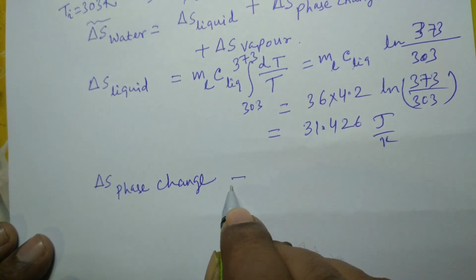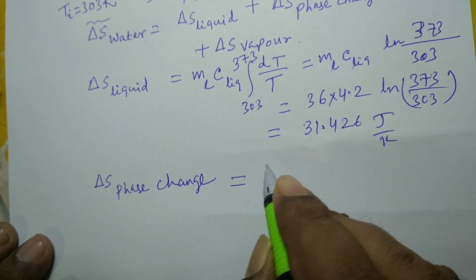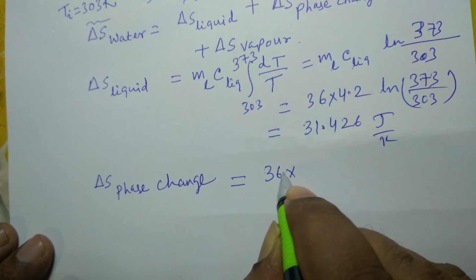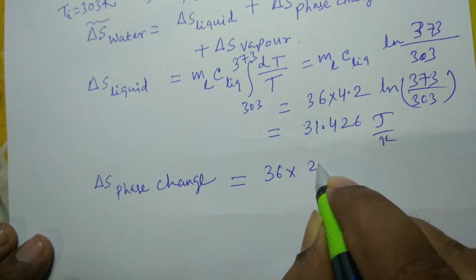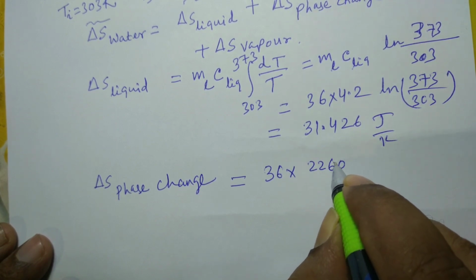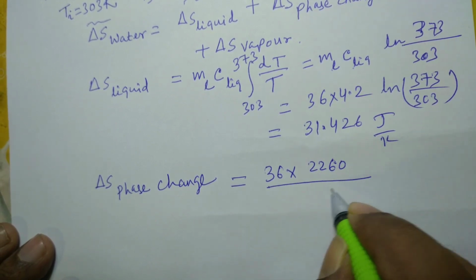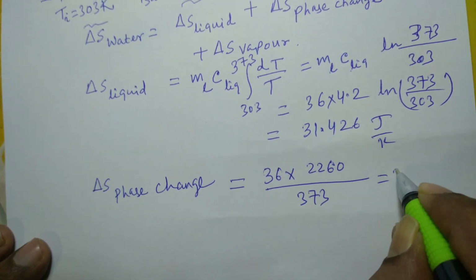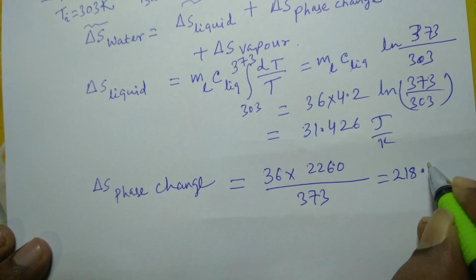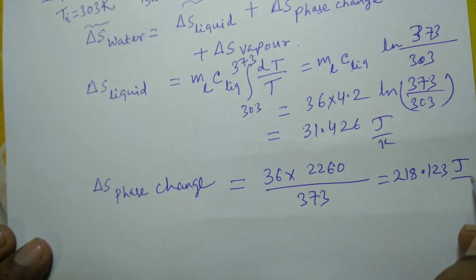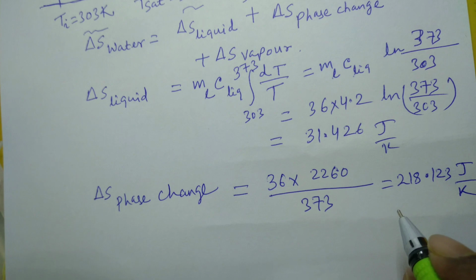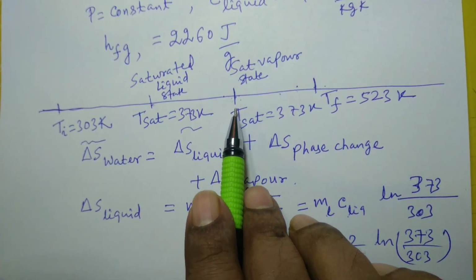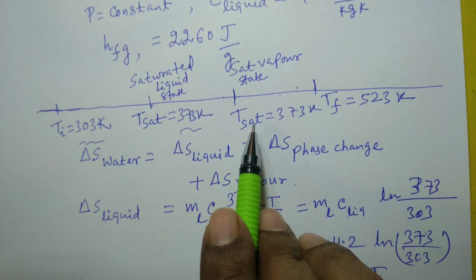So delta S during phase change is nothing but the mass, 36, times h_fg, latent heat of vaporization, 2260 joule per gram, divided by 373, and the answer comes out 218.123 joule per Kelvin.